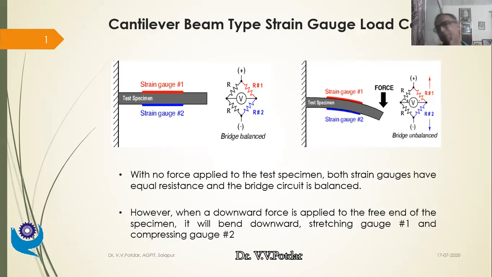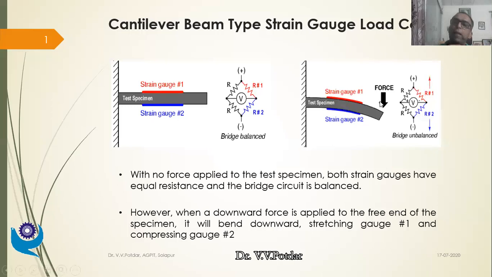Wherever in practical situations I want to measure the force applied, beneath the force acting element or the reacting element, I'll have this kind of cantilever beam type strain gauge load cell. I can have a connecting rod in between. Suppose I am applying a load on the platform above.